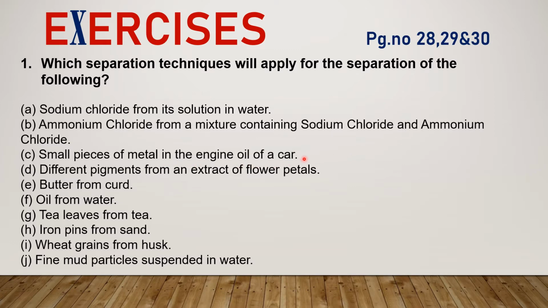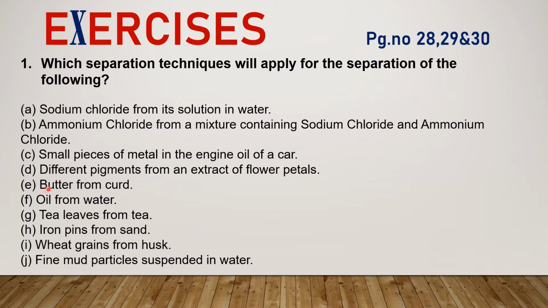We can use filtration technique to remove small pieces of metal in the engine oil. D, different pigments from an extract of flower petals. Answer is chromatography. D, answer is chromatography.